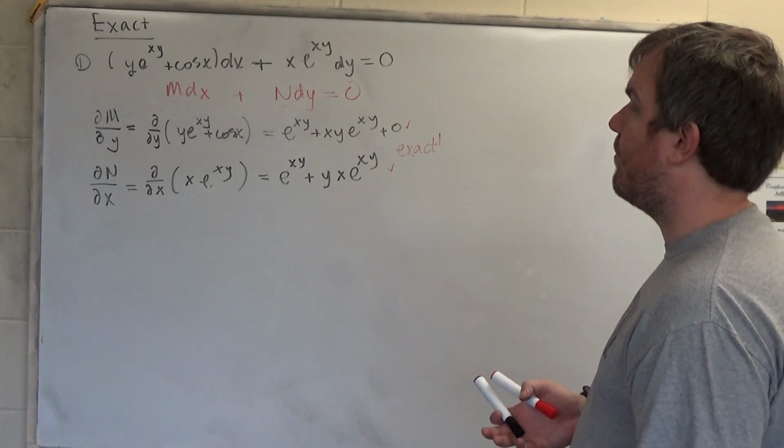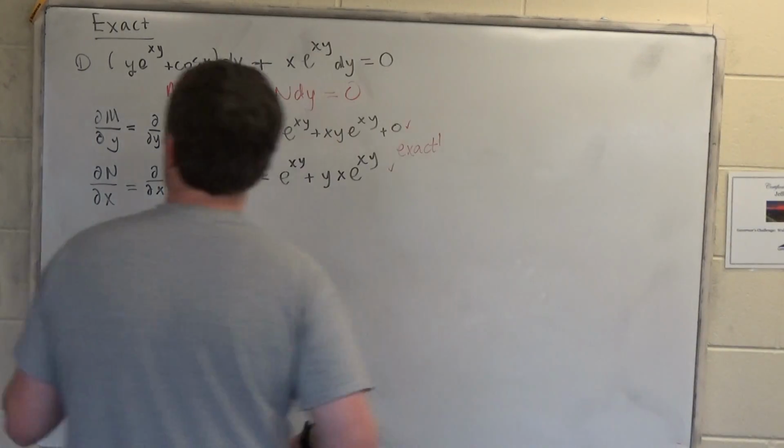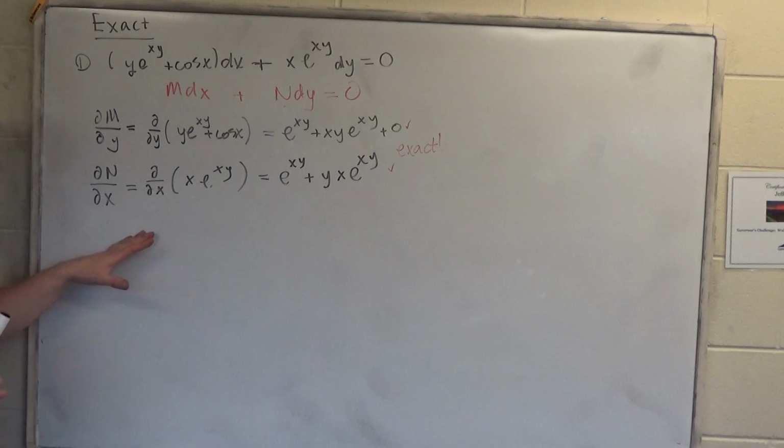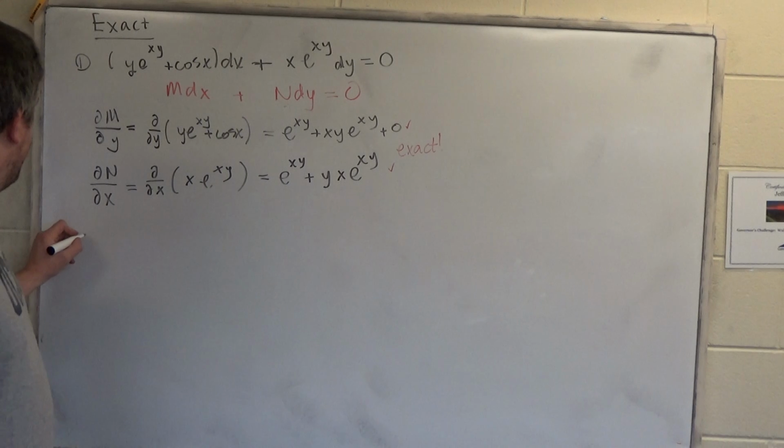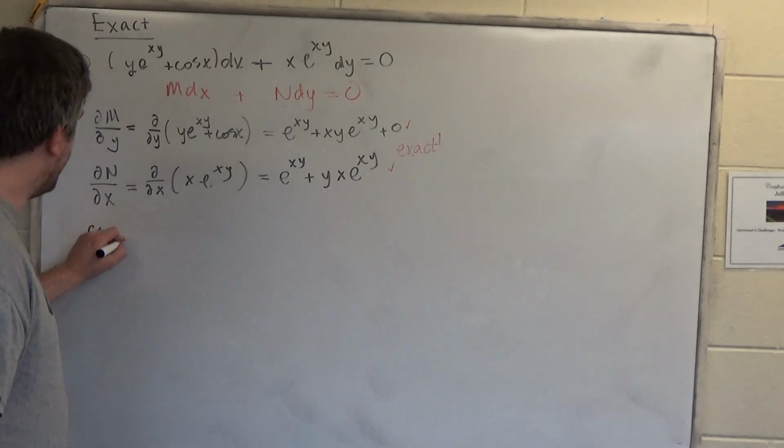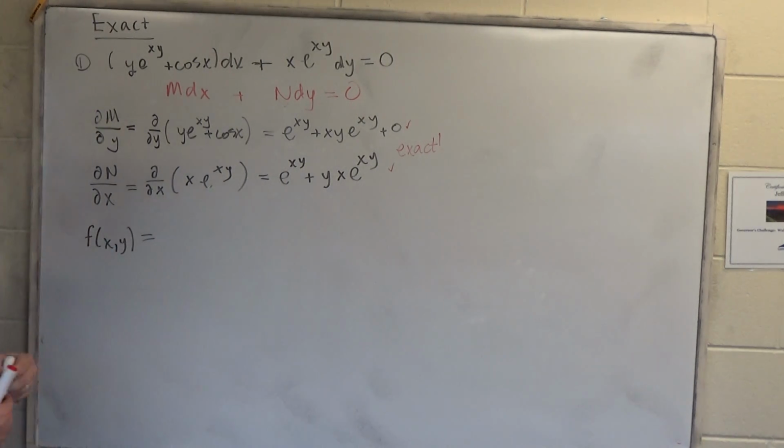Okay, well what we do from here is to say the solution, so not only do we know it's exact, we know what the solution should look like. I'm looking for f(x,y), and the solution of the differential equation will just be f(x,y) = c, a constant.